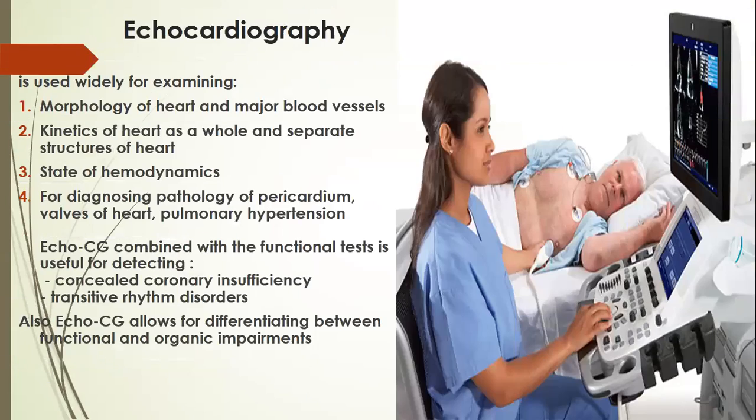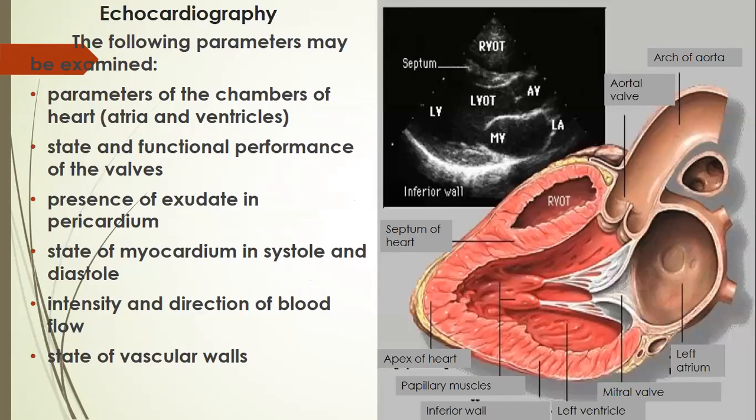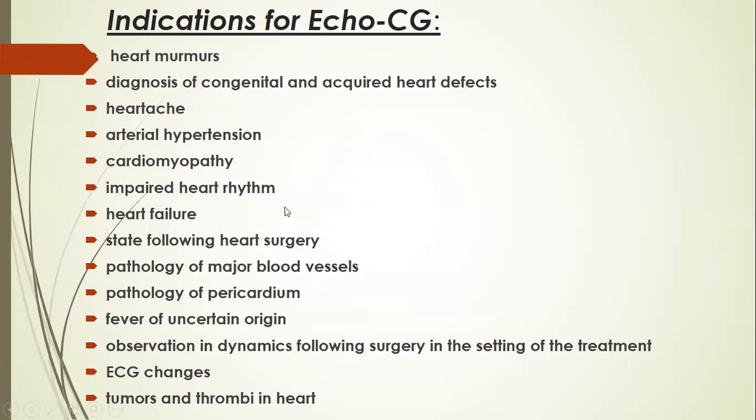And now several words about echocardiography, which we use to investigate morphology, kinetics, the state of the hemodynamics, the parameters of the chambers of the heart, the state and functional performance of the valves of the heart, the state of the myocardium, and others. The indications for echocardiography are several.